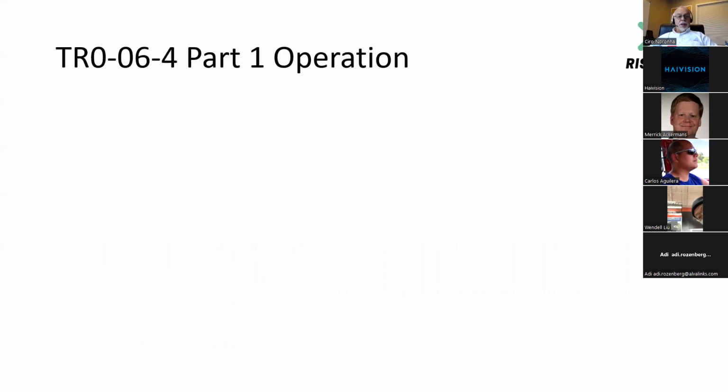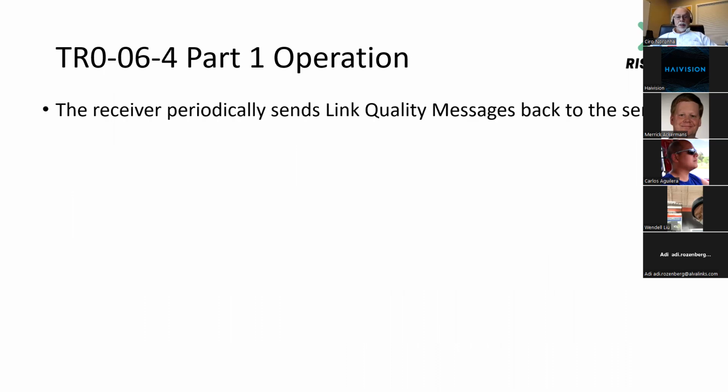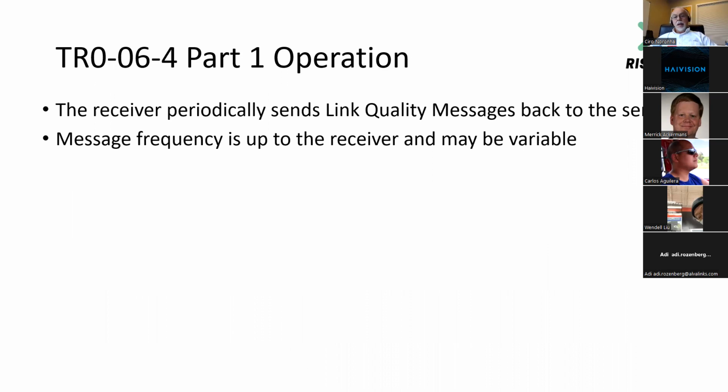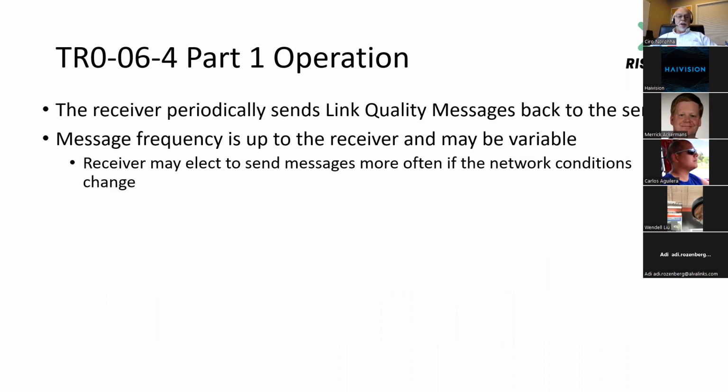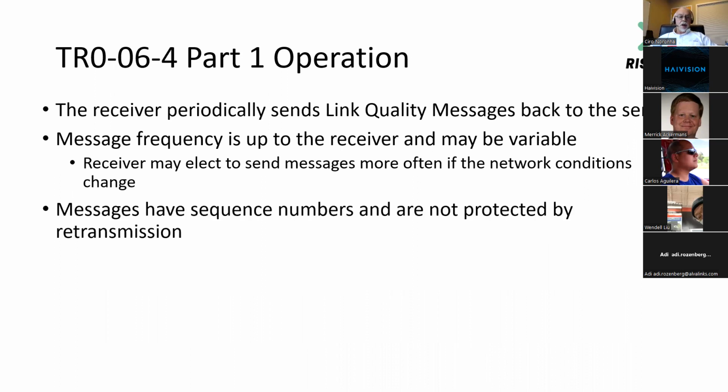All right. TR-06-4 Part 1 operation. The receiver periodically sends link quality messages back. The message frequency is up to the receiver and may be variable, because if your network is changing often, you're going to send those messages more often. If the network is stable, you don't have to send these messages very often.